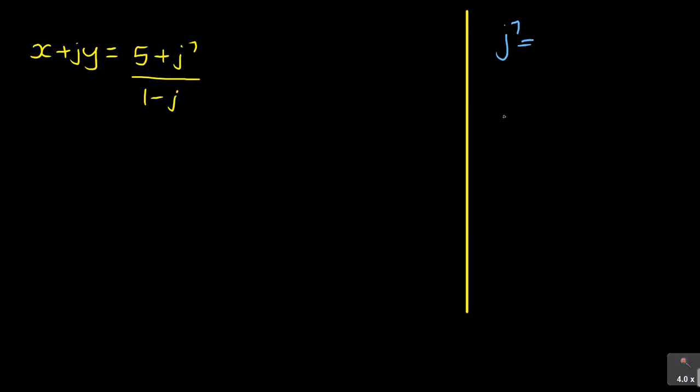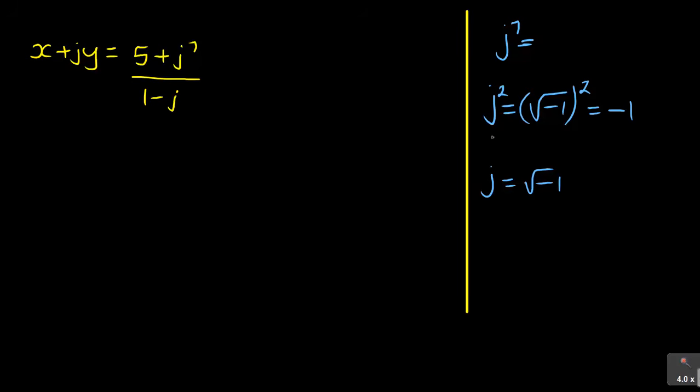Remember j is the square root of minus 1, therefore j squared is the square root of minus 1 squared. Square root of minus 1 times square root of minus 1, you're going to get minus 1.